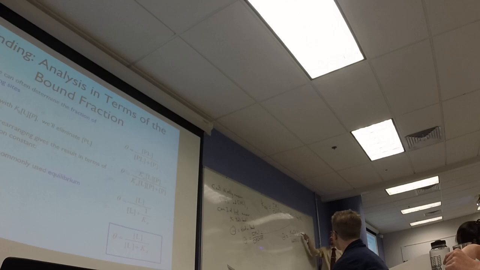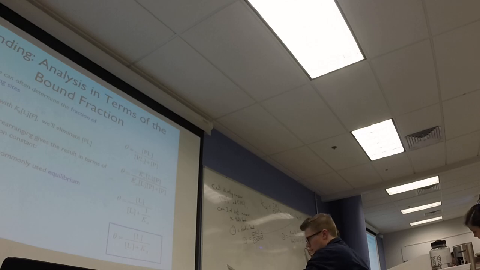And then I noticed every single term has concentration of P. So I'm going to cancel them all out, replace it with 1. Canceled, canceled, canceled. Now that looks like an eye.